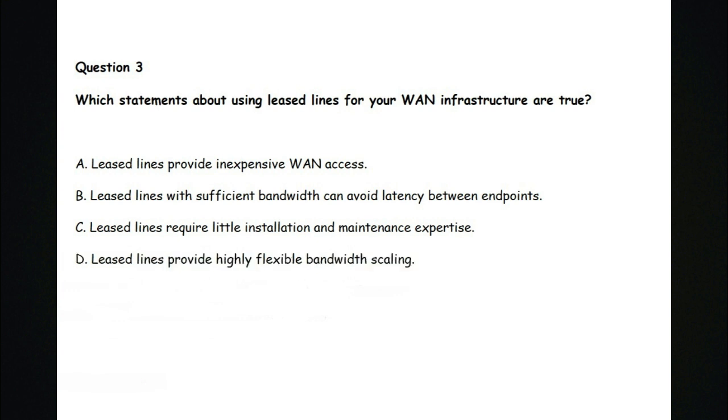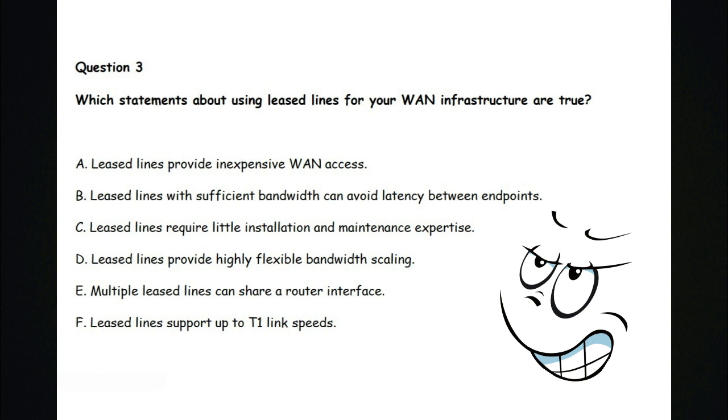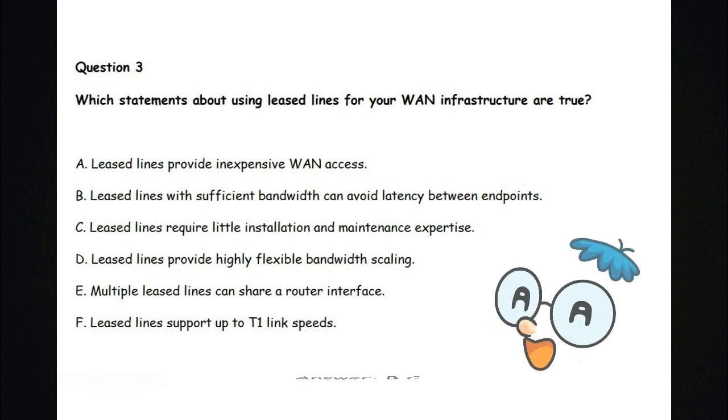D. Leased lines provide highly flexible bandwidth scaling. E. Multiple leased lines can share a router interface. F. Leased lines support up to T1 link speeds. Answer is B, C.